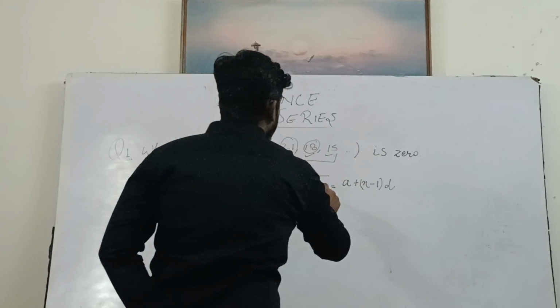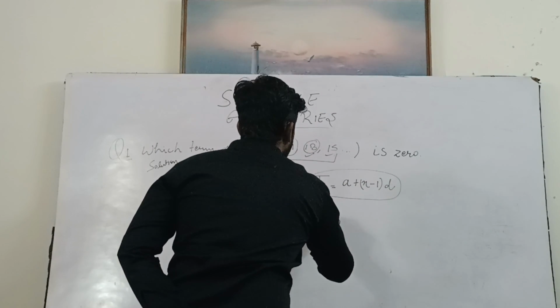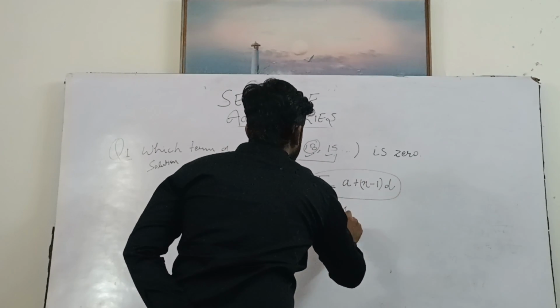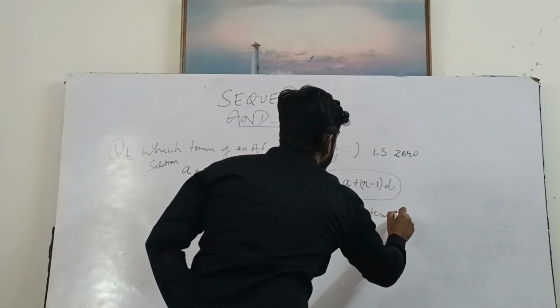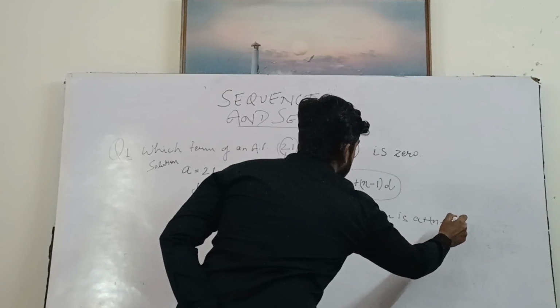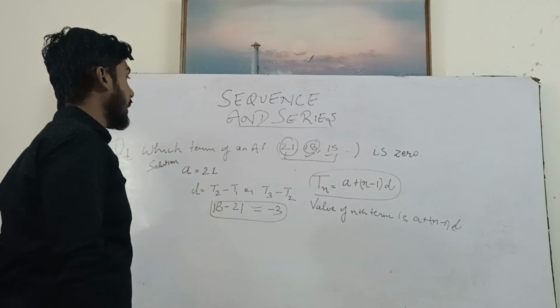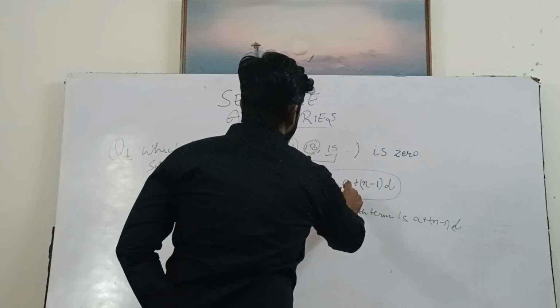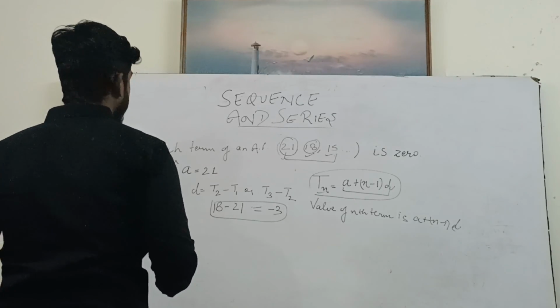So this formula says that the value of the nth term is a plus (n minus 1) into d. ये formula हमें क्या बता रहा है कि अगर हमें nth term निकालना है तो हम ये formula लगा सकते हैं. ठीक?